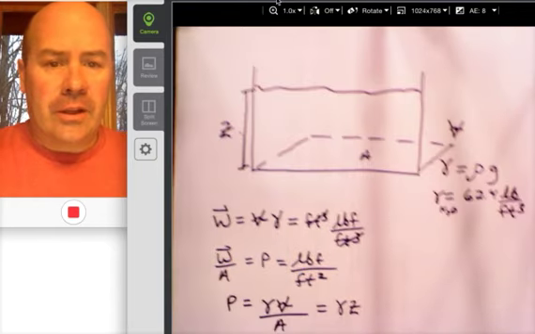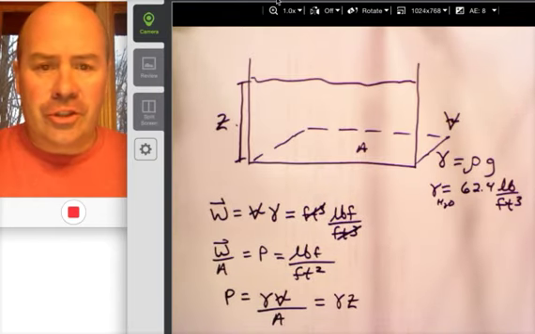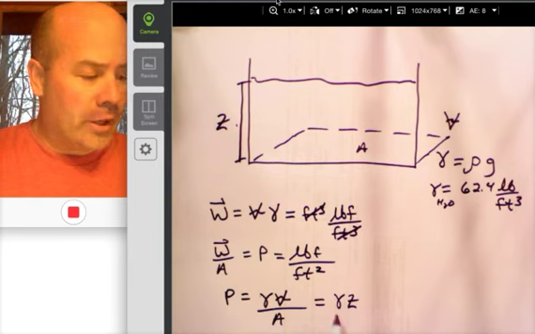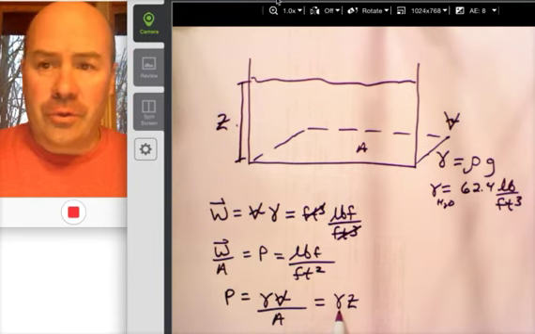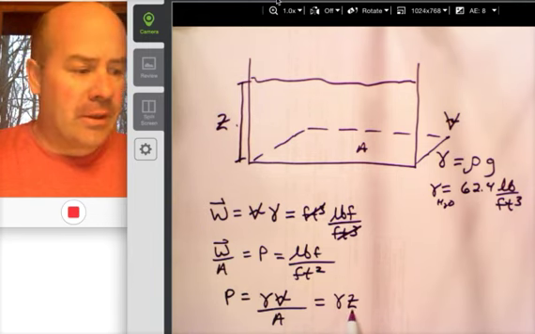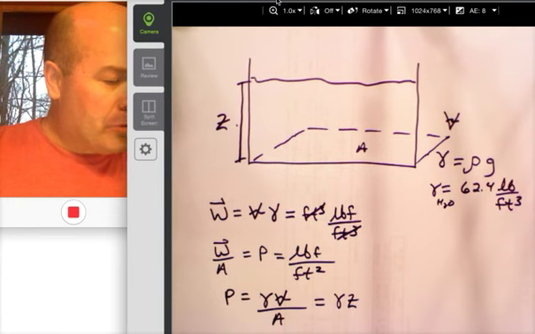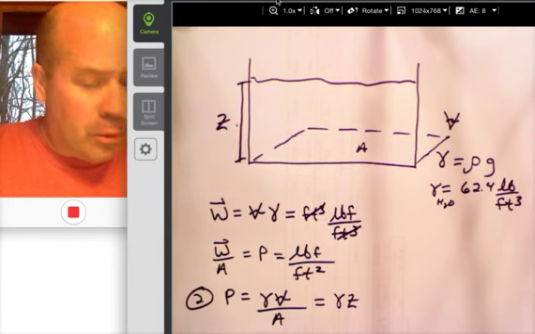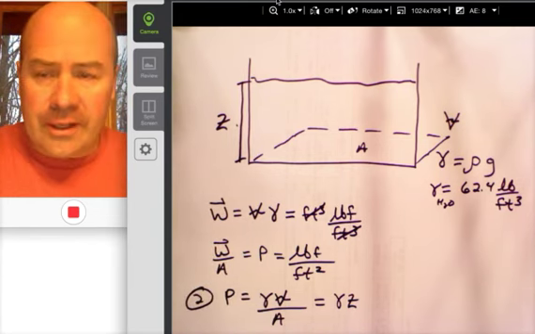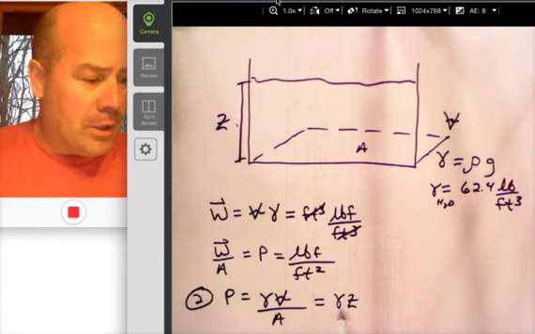And that's really the pressure-fluid height relationship, that the pressure due to the weight of a fluid is equal to the specific weight of the fluid times the depth. Notice this has nothing to do with the shape of the container. It's just a depth. So that's point number 2. Point number 1, the pressure is the same everywhere at a given depth. Point number 2, that pressure is equal to gamma z.